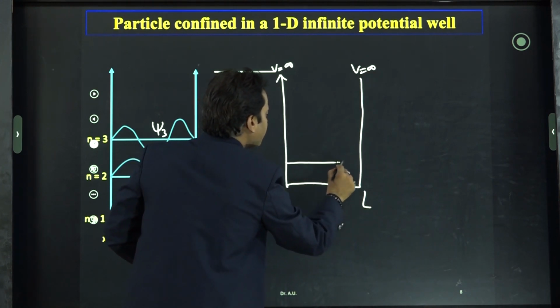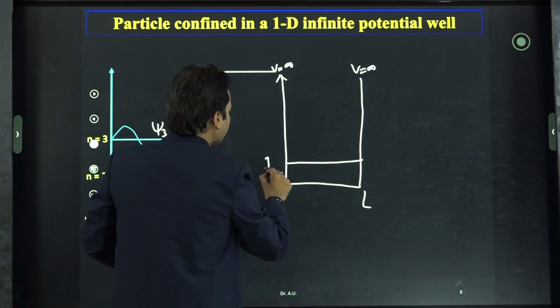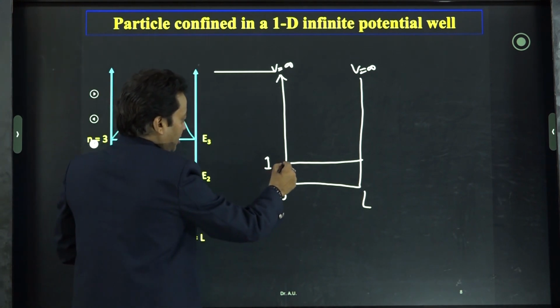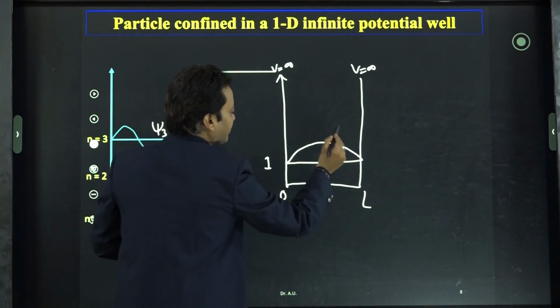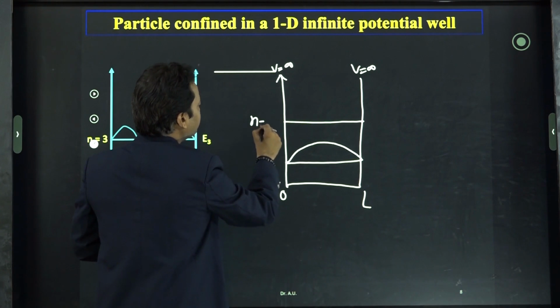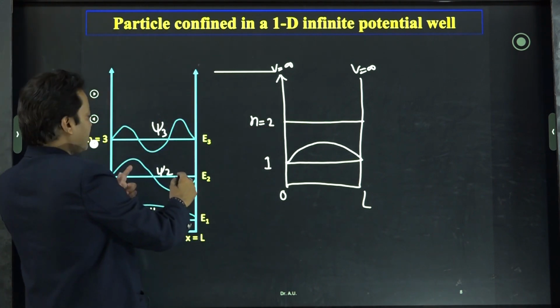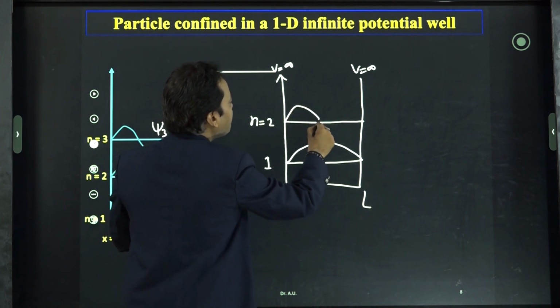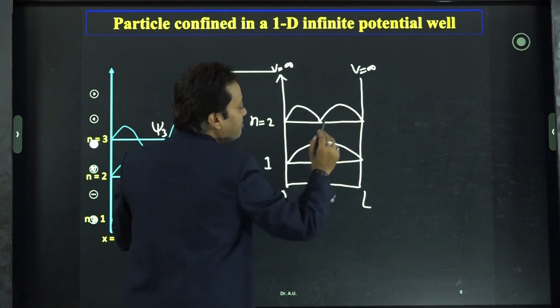So for n equal to 1, there is not much change. The square of this is the same, only the height will change. If we make n equal to 2, the wave function is like this. The square of this will become only positive.